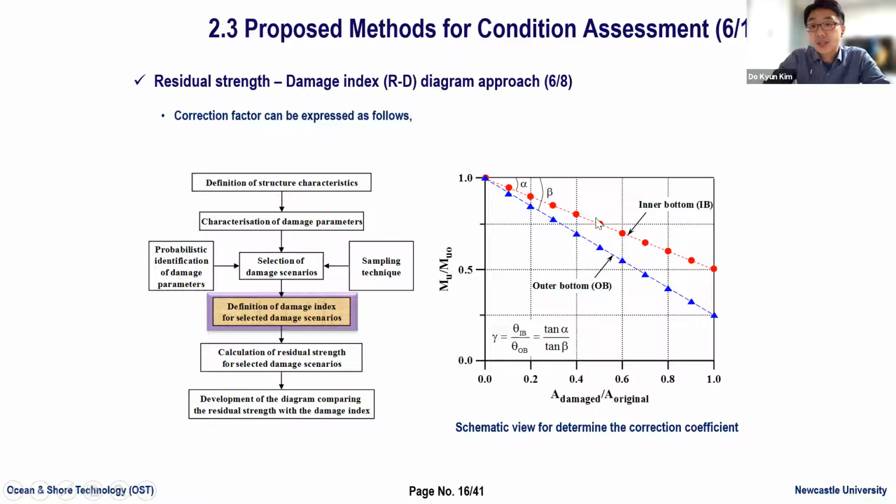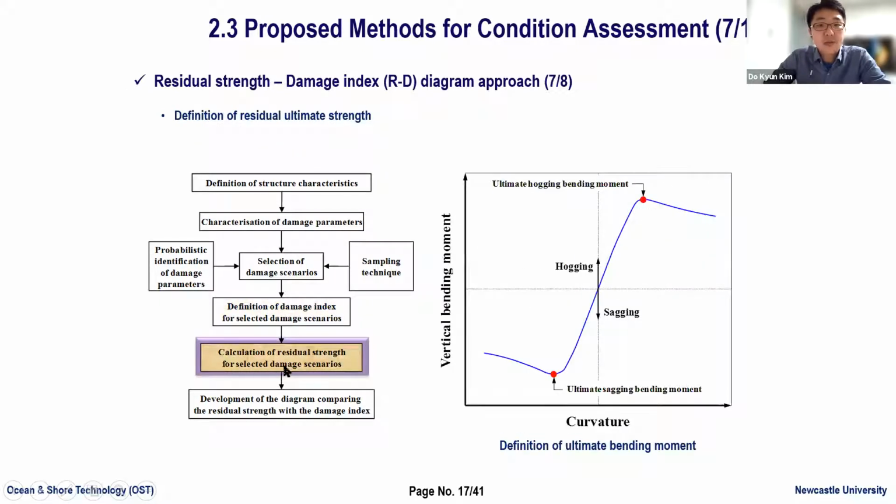Based on this diagram, we can check the angle and get one single correction factor. After that, we need to calculate all the damage scenarios in our study. I will show you later in the applied example part. For an individual vessel, for example the oil tanker, we have selected 50 damage scenarios.